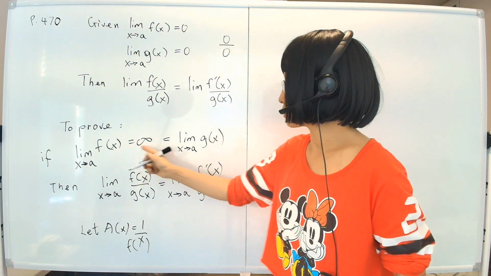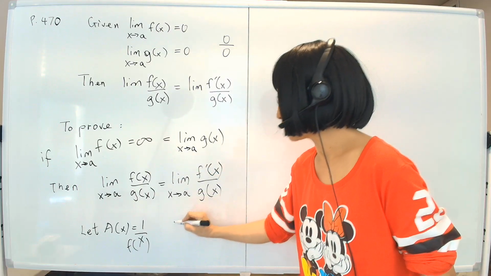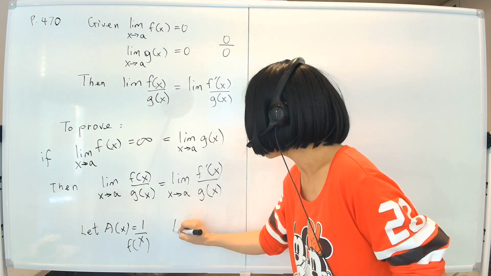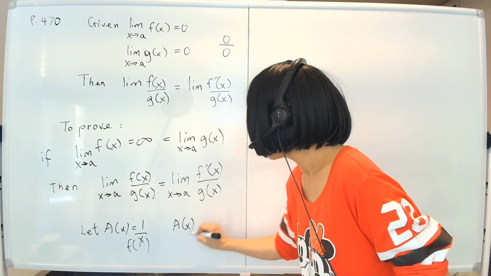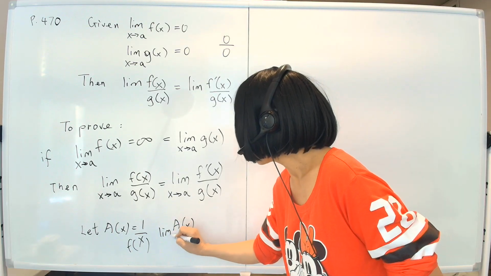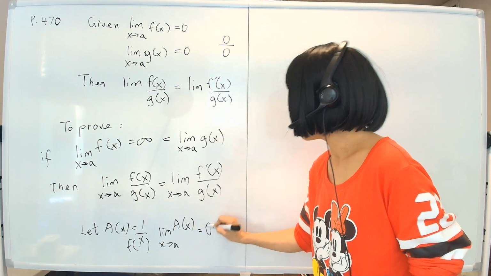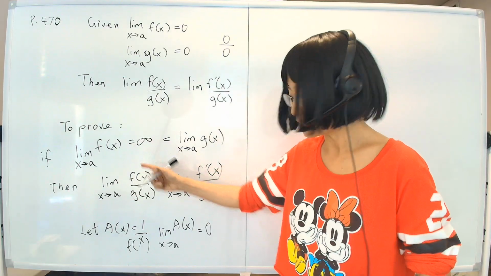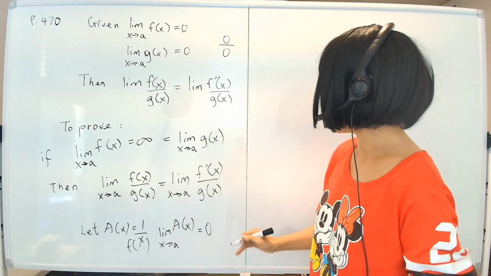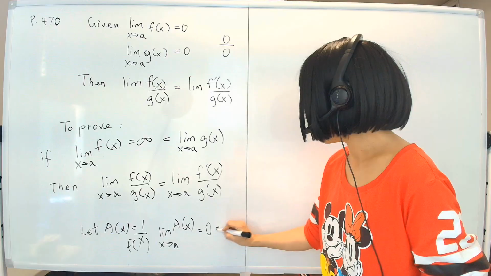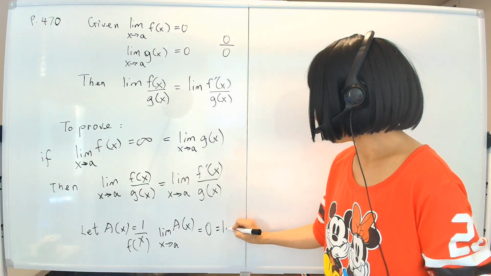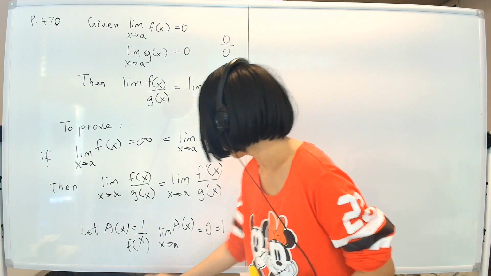Since f of x goes to infinity, the limit of a of x as x approaches a will be equal to 0, right? Because you flip it over, it goes to 0. And the same for b of x. But let me write that down.